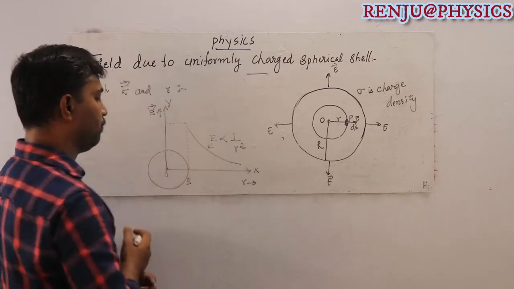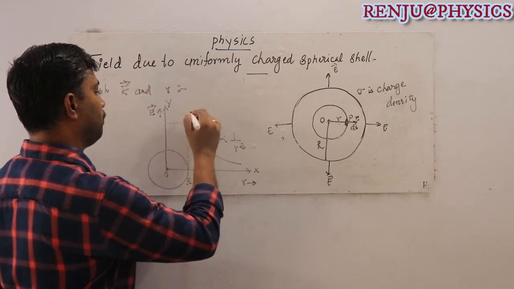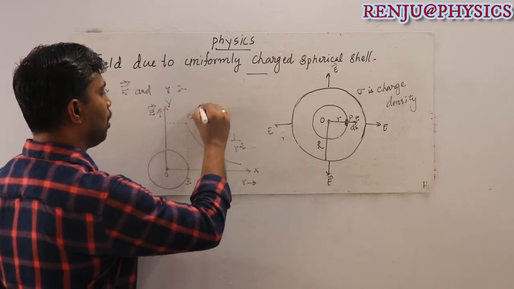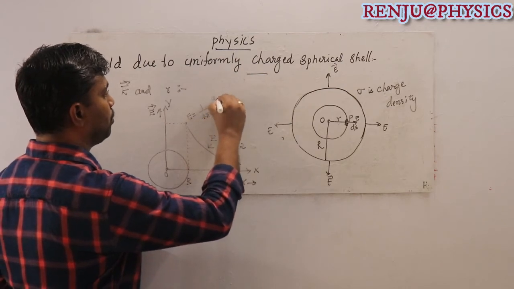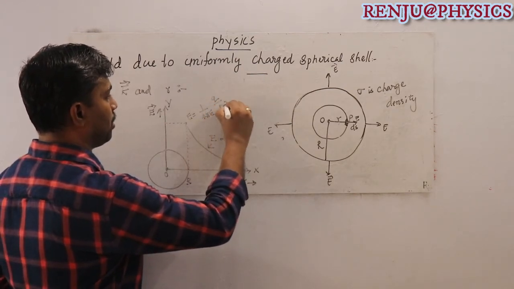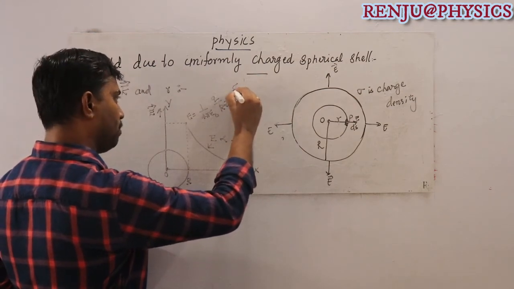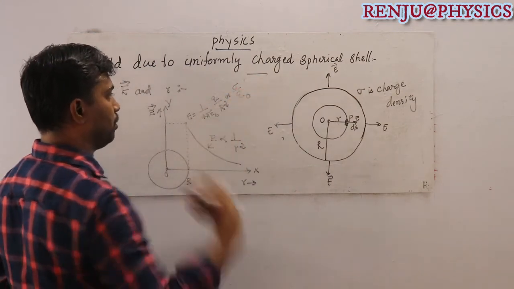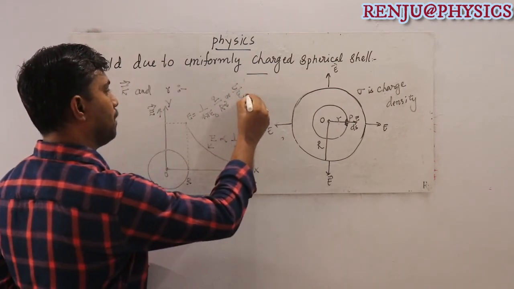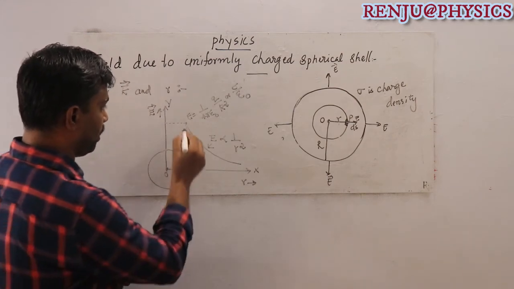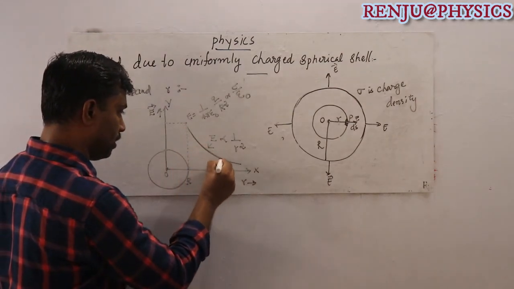At the surface, the electric field intensity E is equal to 1 by 4 pi epsilon 0 Q by capital R square, or we can write it as sigma by epsilon 0.